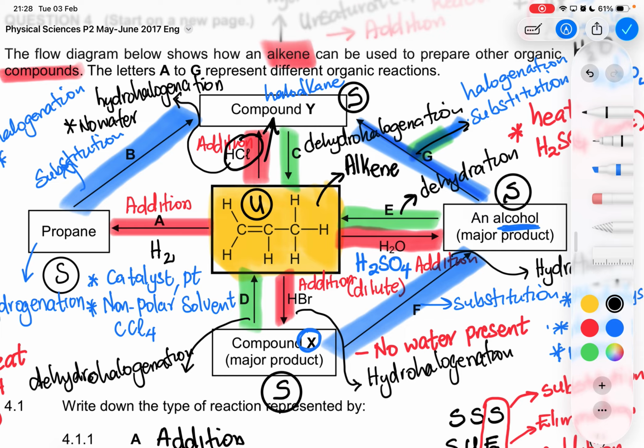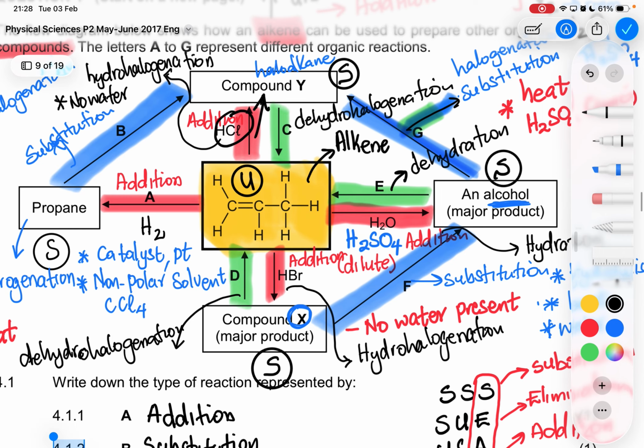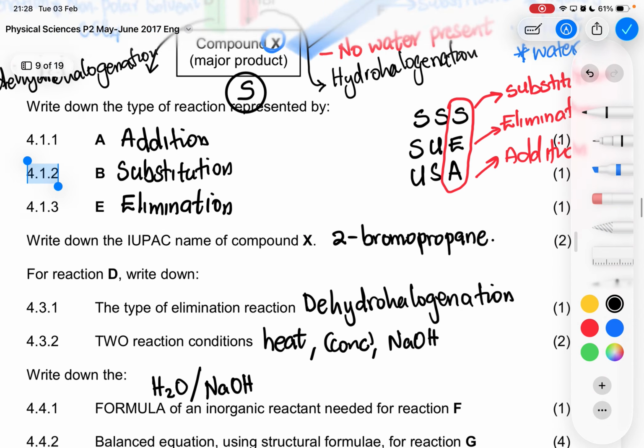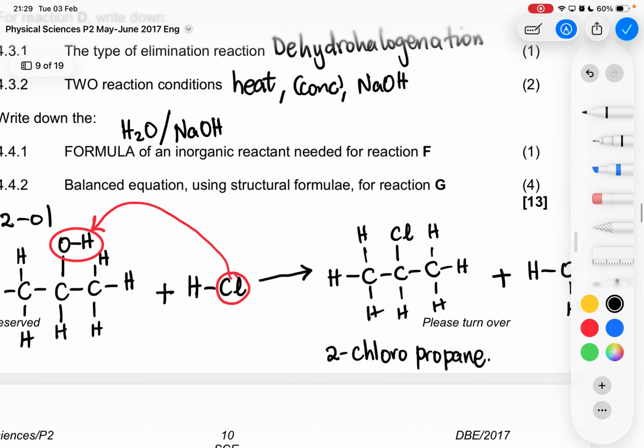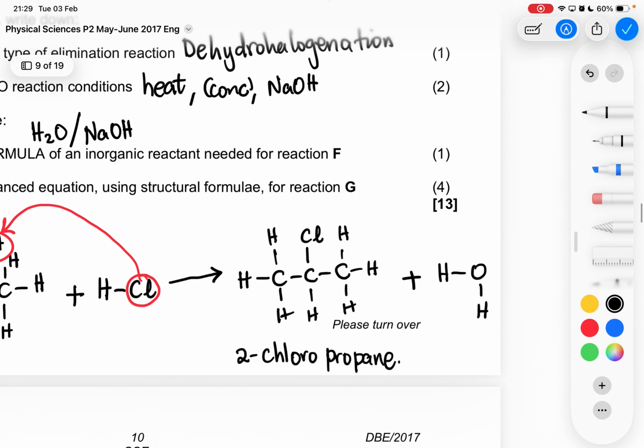The haloalkane is on carbon number 2, so we're going to use HCl. Then the Cl will replace the OH on carbon number 2. That's why we have 2-chloropropane and the water on the side.